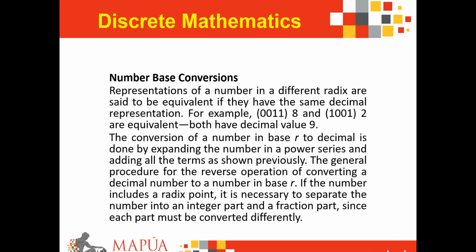The conversion of a number base r to decimal is done by expanding the number in a power series and adding all the terms, as shown previously. The general procedure for the reverse operation, converting a decimal number to a number in base r, is done by using the division theorem. If the number includes a radix point, it's necessary to separate the number into an integer part and a fractional part, since each part must be converted differently.